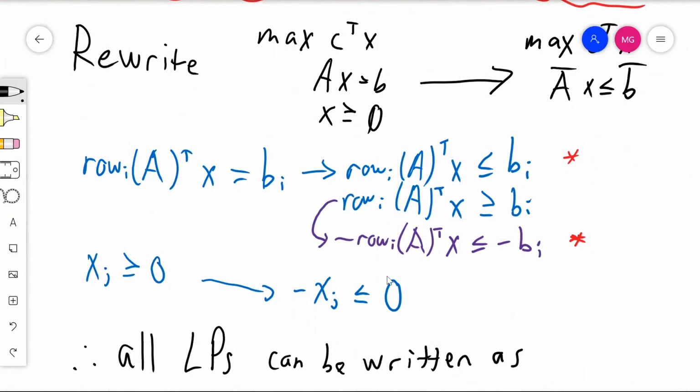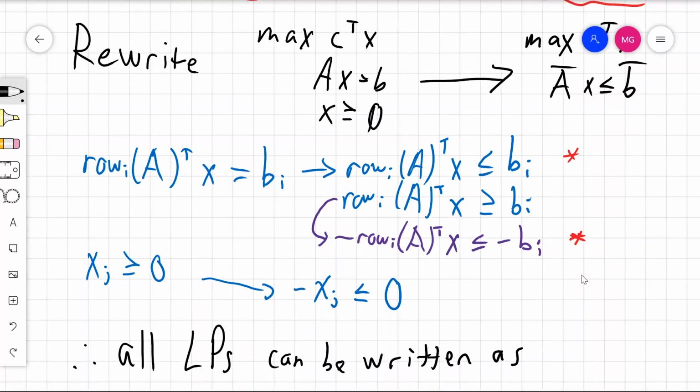For the variable non-negativity constraints, for each individual variable xj, it's greater than or equal to 0, so just multiply by -1, and now you have minus xj is less than or equal to 0. There you go. All the constraints are now of this less than or equal to form, which will be more helpful for us.